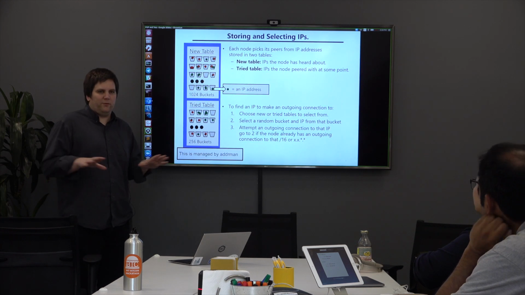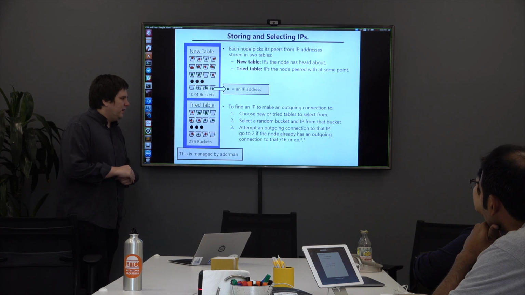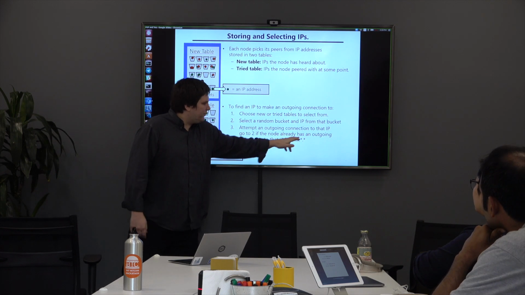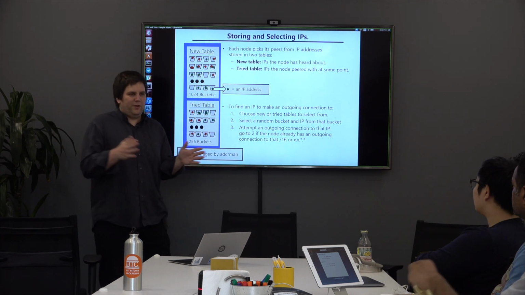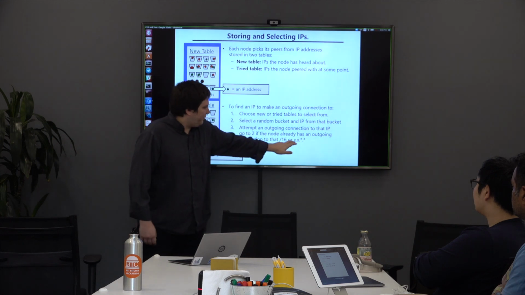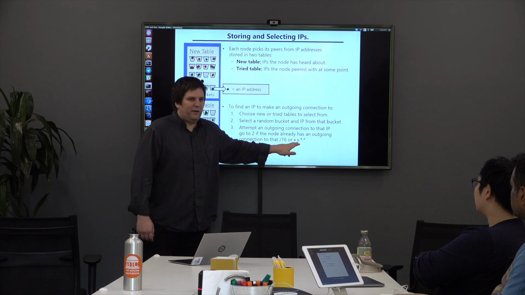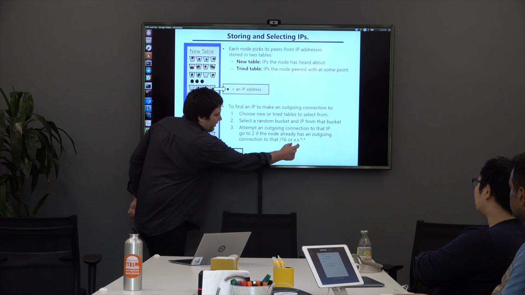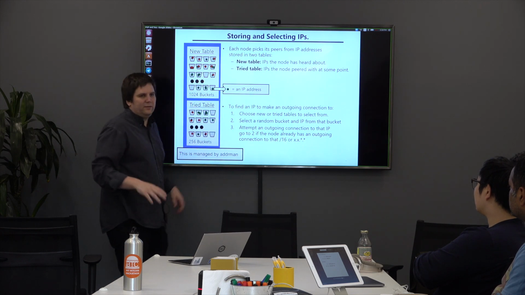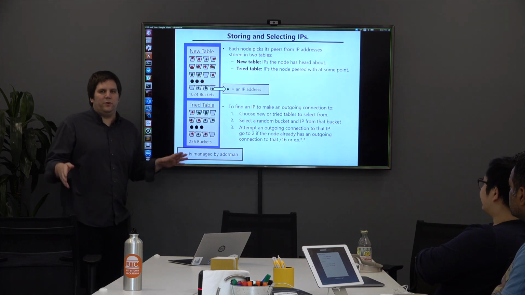For those of you unfamiliar with the term /16, it's a way of dividing up IP addresses where the first 2 octets of the IP address are fixed and the rest are free. So if you have 2 IP addresses that match on the first half of their IP address, you don't make another connection.